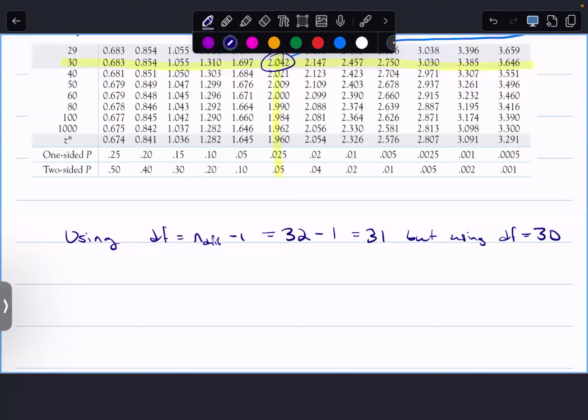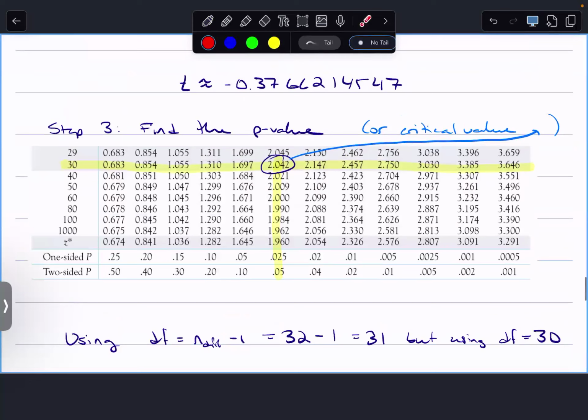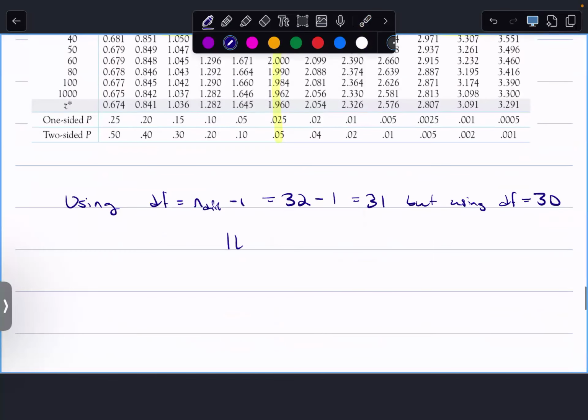You have to tell me that yes, you know how to find the degrees of freedom, and yes, you know to round down in the table if it's not exactly listed. So two things that you're checking off the list here. But now I want to place the absolute value of this thing on the 30 degrees of freedom line.